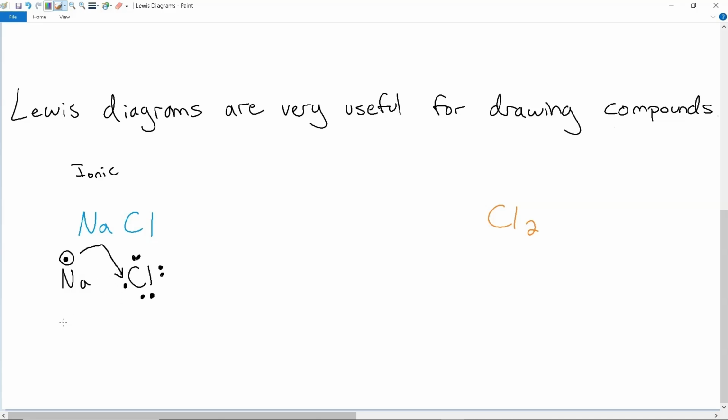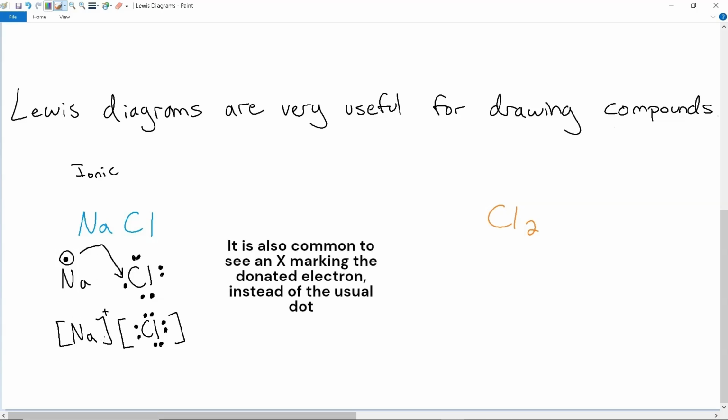So I can rewrite this showing the charges on my 2 ions. And what I'm showing on the electrons is that sodium has given 1 electron to chlorine. So I'm showing 0 electrons here, and then a full set of electrons for chlorine with that negative charge.